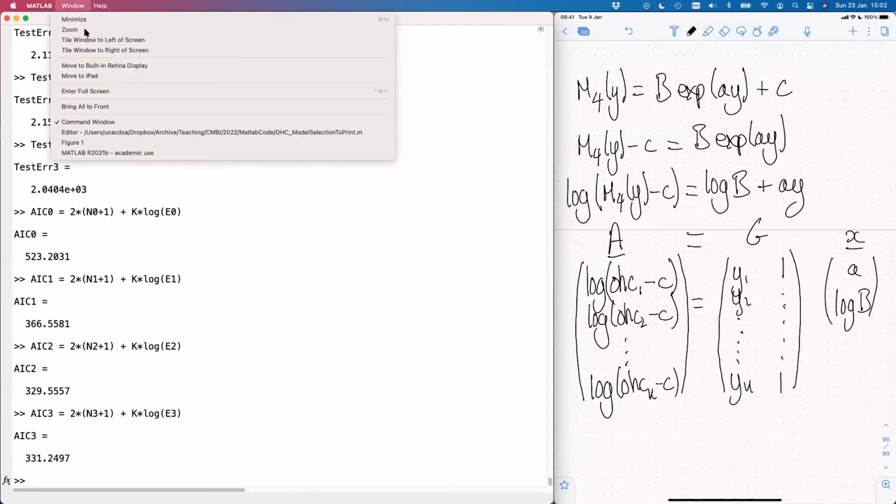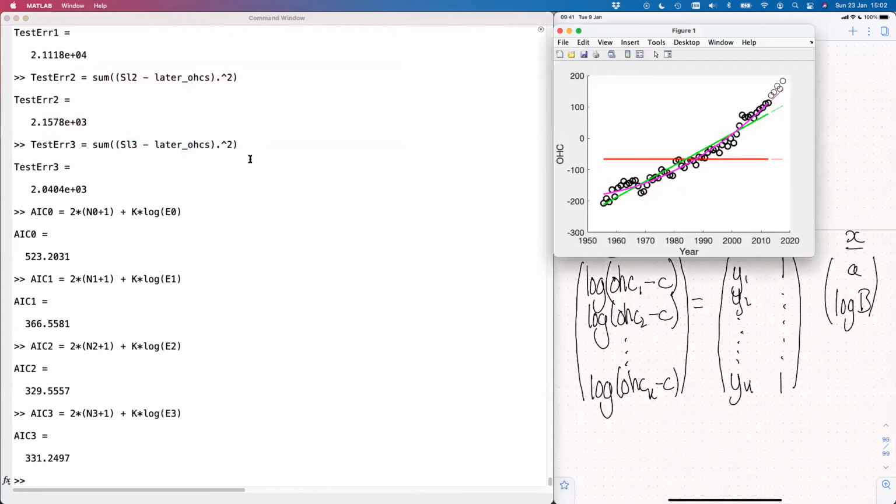And it's actually not difficult to make a rough guess at what c might be, because if you think about it, c must be the asymptote that this exponential model tends to as y tends to minus infinity. So going back to our figure here, as we move along this year axis a long way back to the left, c is the asymptote that an exponential model of this data would tend to as we go a long way back in history.